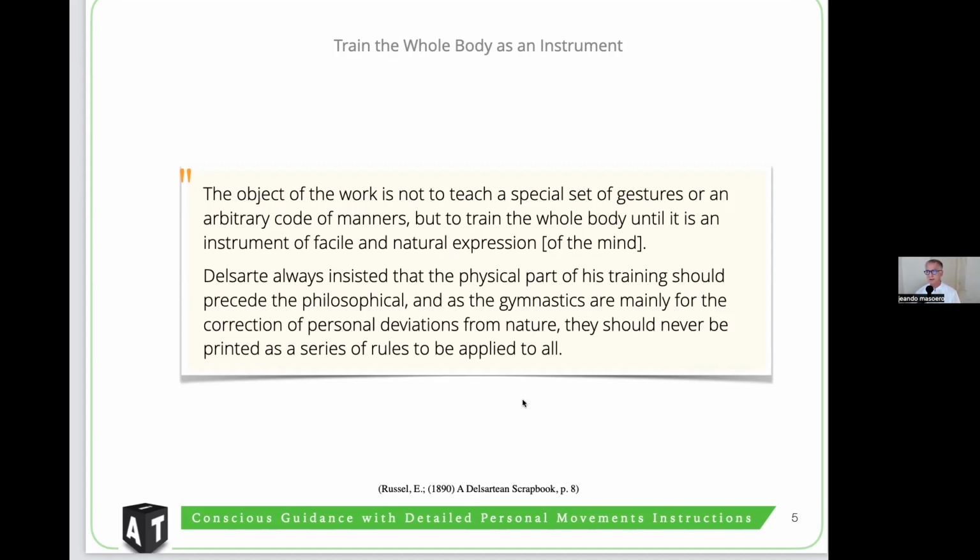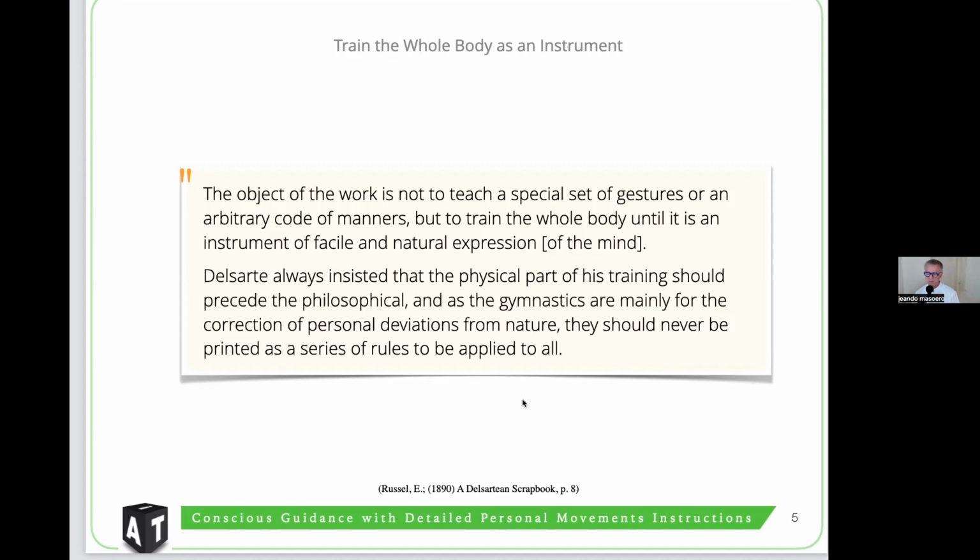So why is it that Russell says that the object of the work is not to teach a special set of gestures? Well, that is because Delsarte wanted the actor, because it was a training of actors, to become a master of himself. That is, instead of just repeating sequences of movement that were familiar to the actor, he wanted the actor to consciously control the production of gestures.